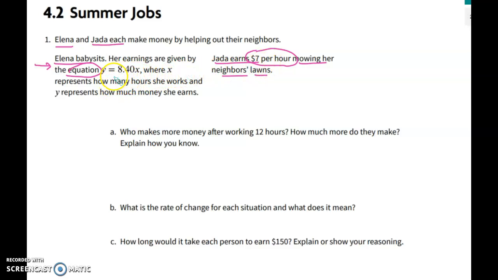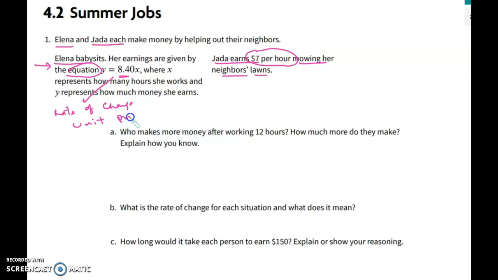In the equation y equals 8.4x, the 8.4 is the rate of change. This rate of change is nothing but how much it costs per 1 hour, or one situation, or unit price.